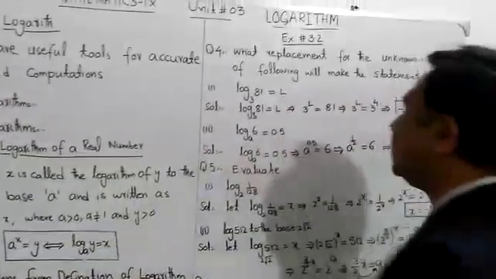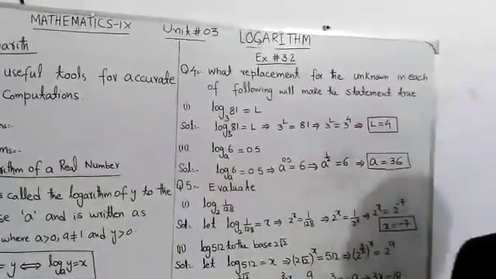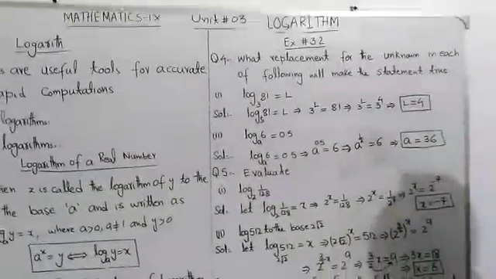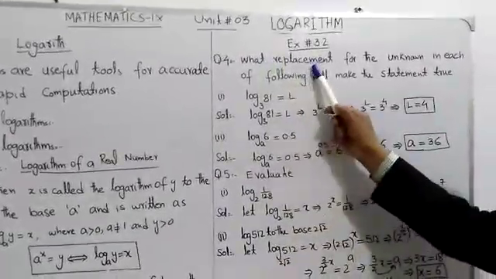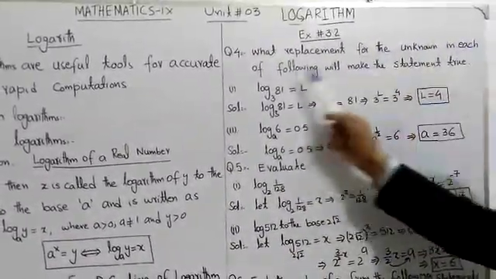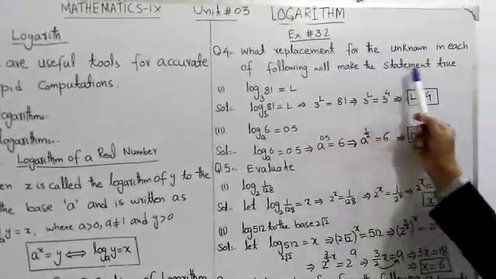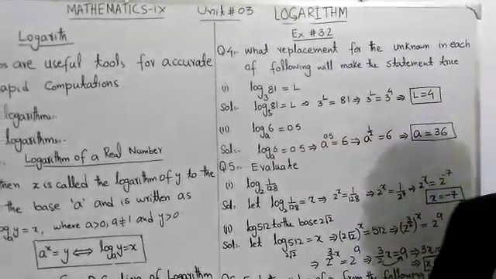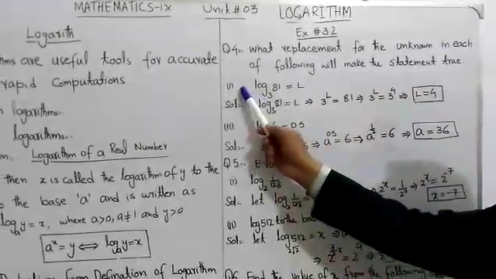So let's move toward exercise 3.2. Question number 4. What replacement for the unknown in each of the following will make the statement true? Part 1.